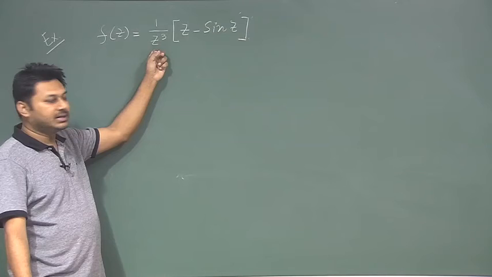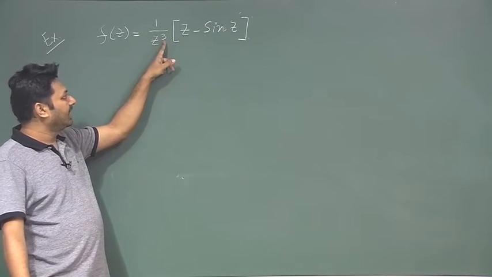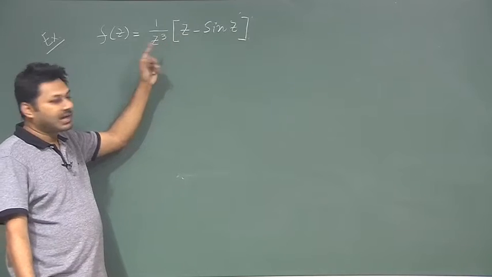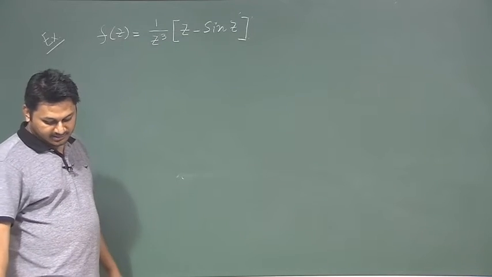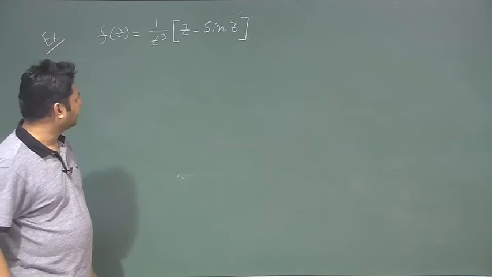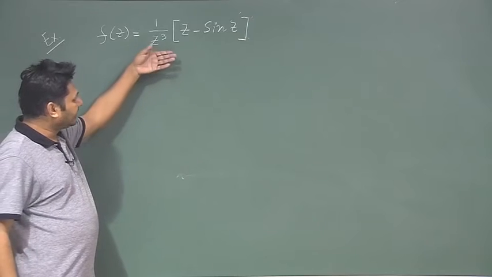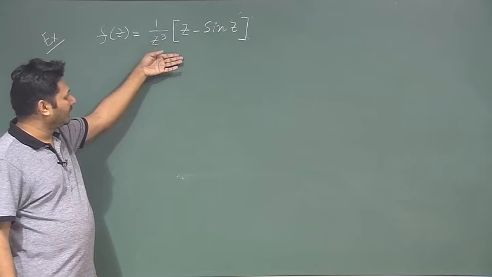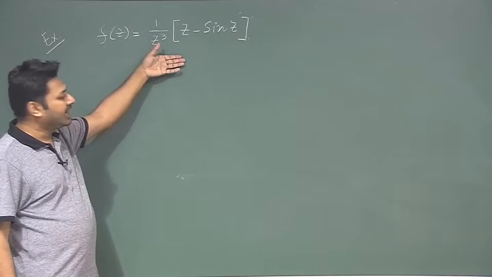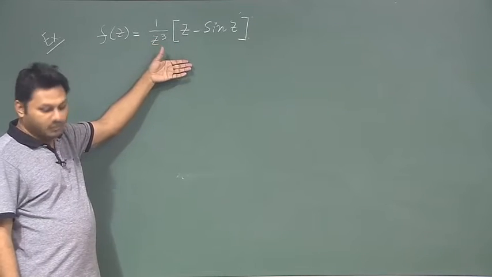Not only that, this singularity seems to be a pole of order 3, because last day we were discussing this kind of thing. So today again we will discuss these things in the light of the Laurent series, but let me first expand this and figure out whether we really have any kind of singularity for this function, or if it is there, whether it is removable or not.